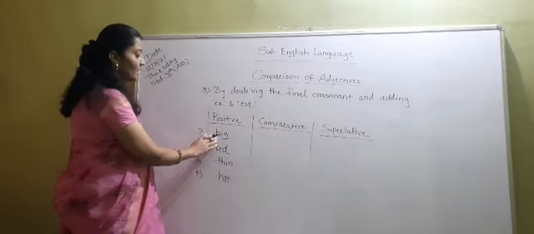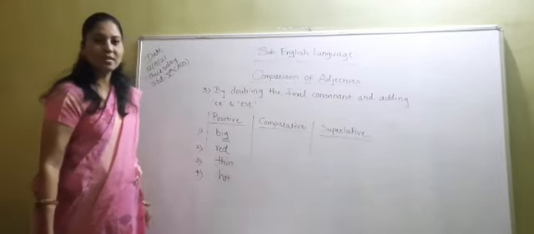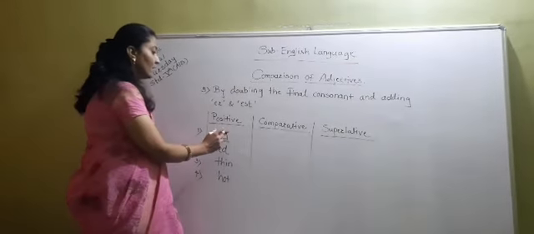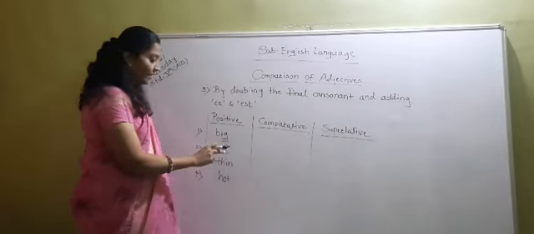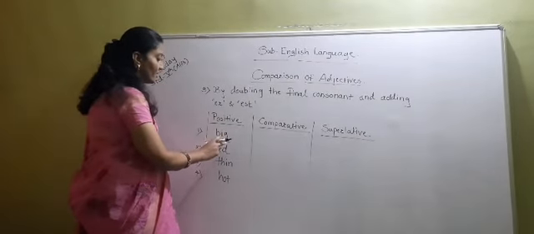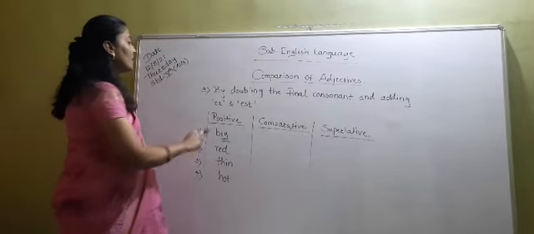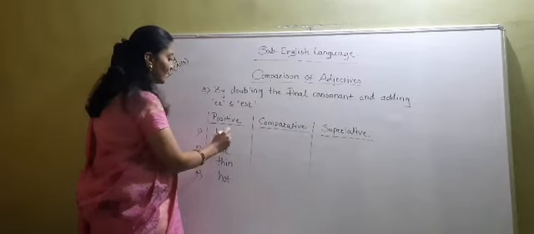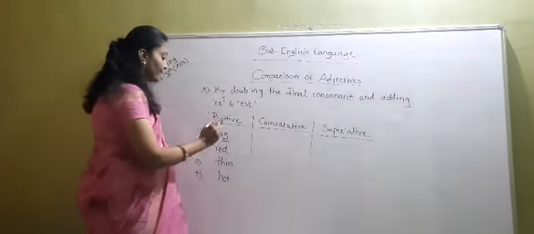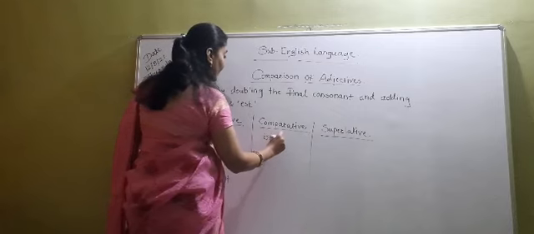G is the consonant here, the final consonant that comes at the end. By doubling the final consonant, you have to double this consonant G, so it will become bigger, B-I-G-G-E-R.